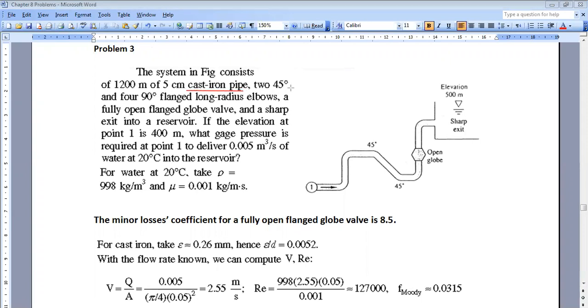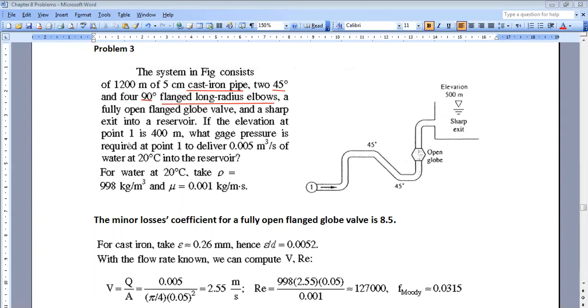I have two 45 degree and four 90 degree flanged long radius elbows. So I should go to a table to look at flanged long radius elbows for two angles, 45 and 90. I have a fully opened flanged globe valve and a sharp exit into a reservoir.